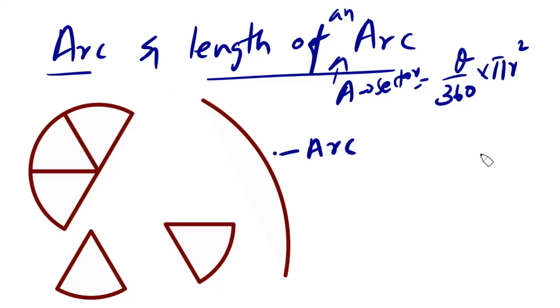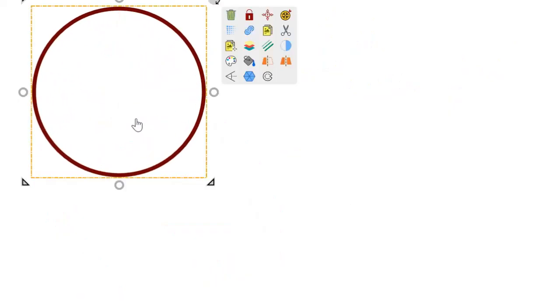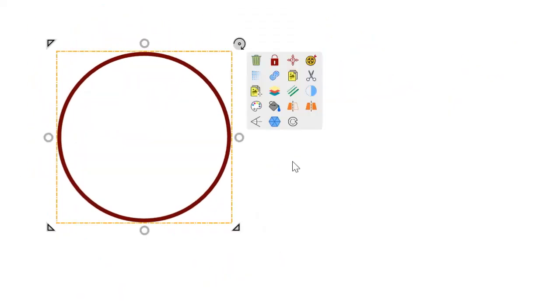When we think about length of an arc, let me draw another circle here, and I am going to bring out an arc out of this.